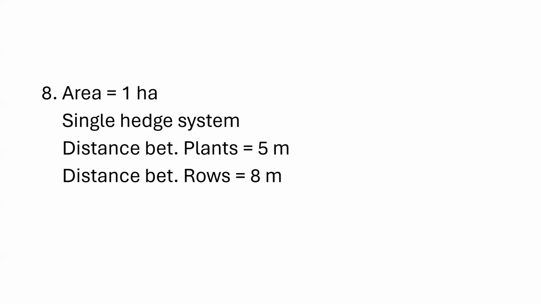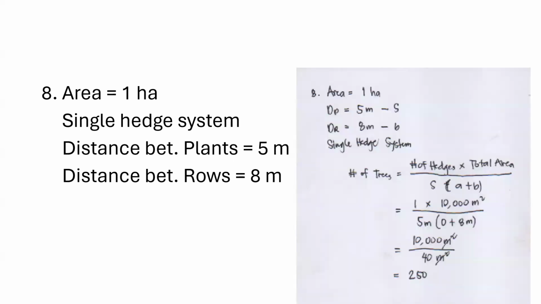Okay, now here's the solution. There's the given. Number of trees equals number of hedges times total area in square meters over S, the quantity A plus B. Number of hedges, since single hedge, so 1 times total area, 1 hectare, 10,000 square meters.